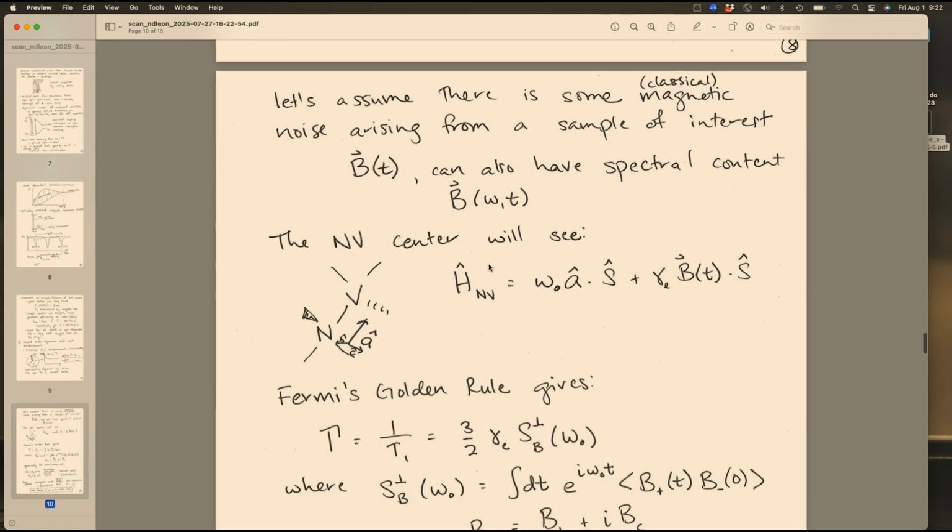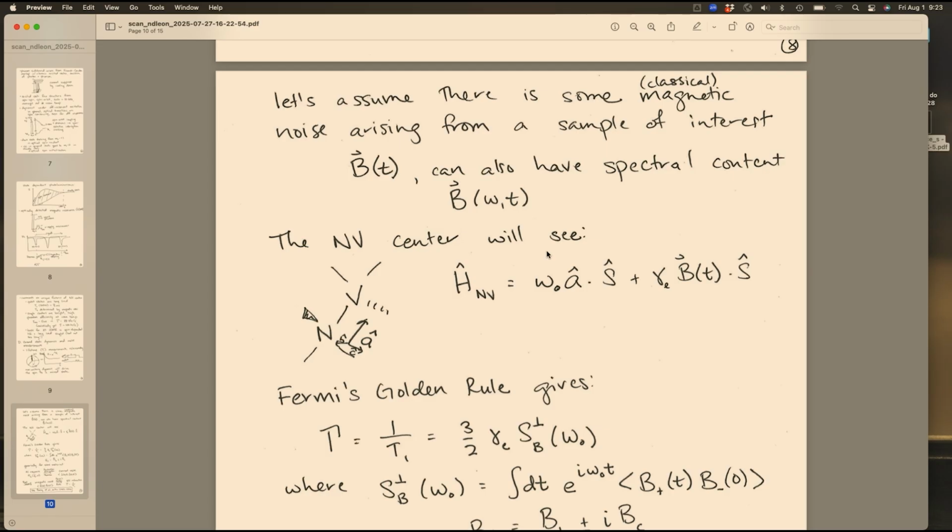Okay, so now let's assume that you have some magnetic noise that comes from some nearby sample. To make this really concrete, let's imagine that I have a chunk of metal, and that thing has electrons that are moving around in it, right? It just has some resistivity.